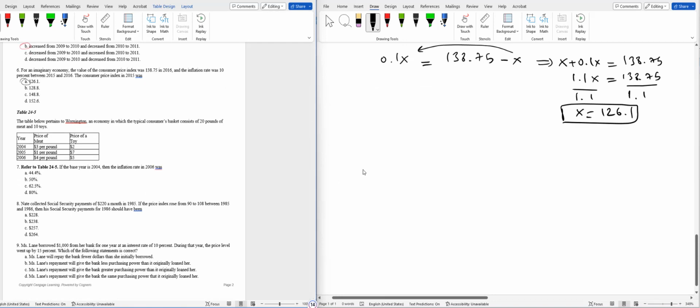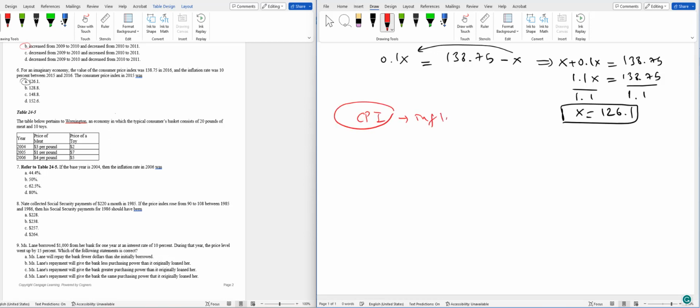Now the next question. Again, you are given a table and this time you need to find the inflation rate for 2016. Now I'm going to show you a shorter method to calculate inflation. In the previous example, we used consumer price index to calculate inflation. But you can directly calculate inflation by just using the cost of basket instead of CPI. So I need the cost of basket for 2005 and 2006 to be able to calculate the price change from 2005 to 2006.